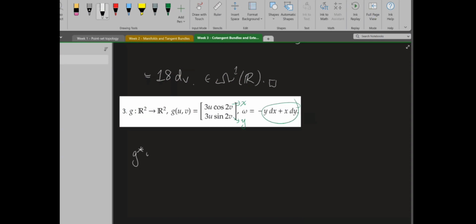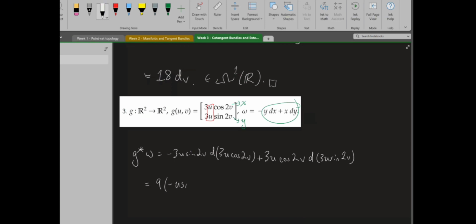So G star omega equals negative 3u sine 2v d(3u cosine 2v) plus 3u cosine 2v d(3u sine 2v). Now notice the difference here is that we have these u parts. We didn't have that before. Sine 2v. Is that right? Yep. Okay. So now, and of course we can factor out 9.